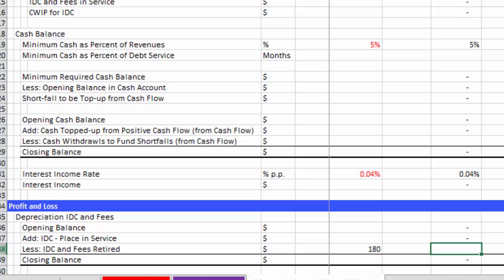And the retirement is, I'm going to save the file because this is a place you could really screw up.